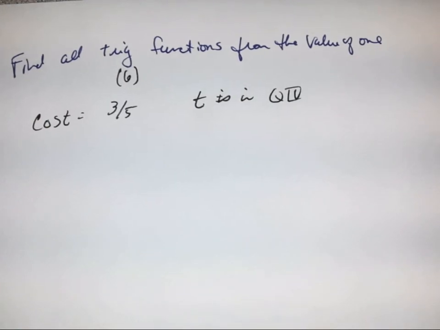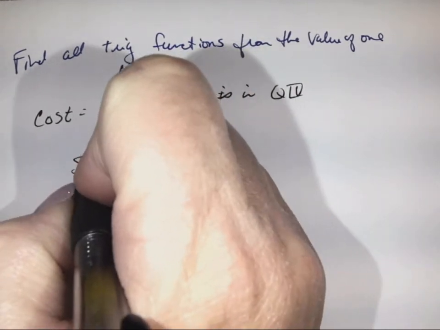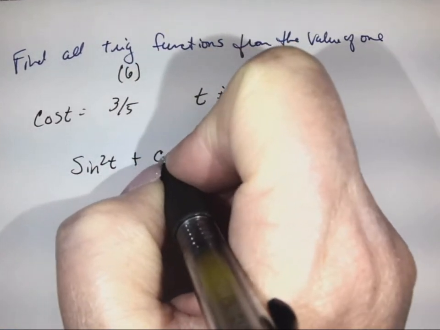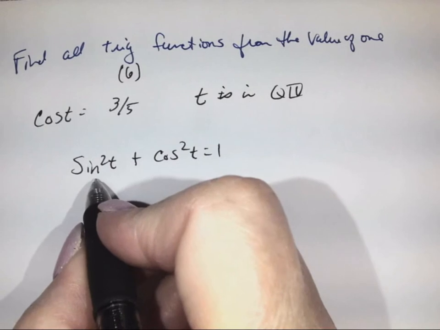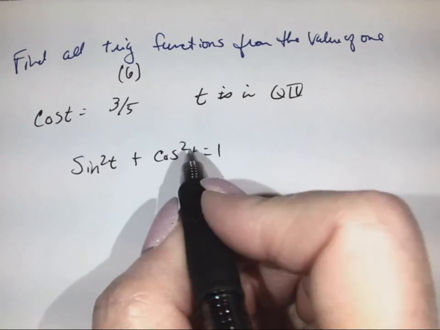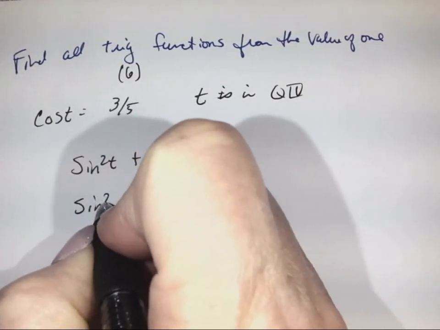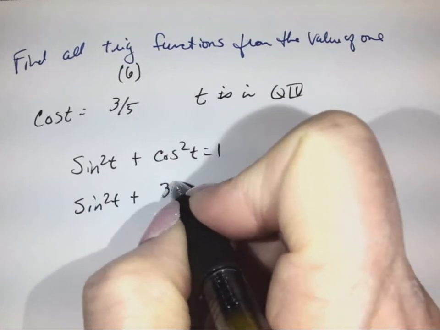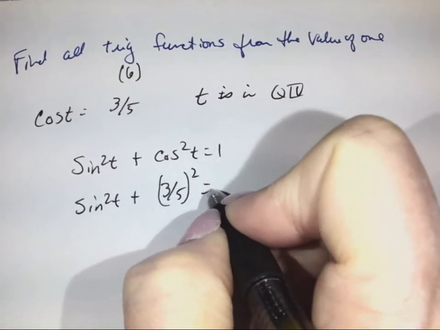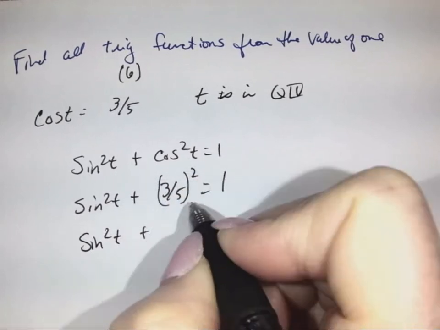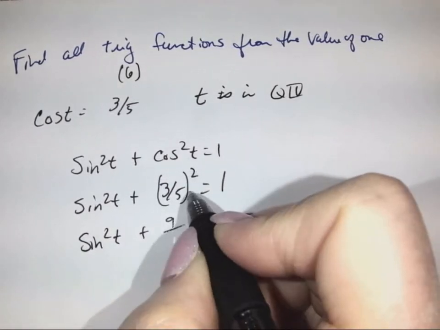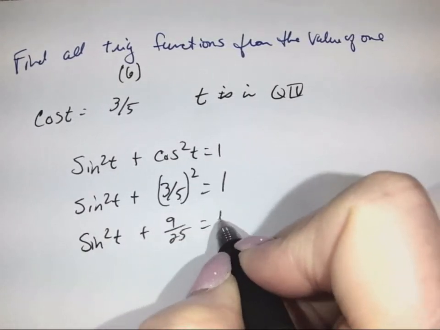So we're going to use our Pythagorean identity of sine squared t plus cosine squared t is equal to 1. We don't know what sine is, but we know what cosine is. So sine squared t plus 3/5 squared is equal to 1. So sine squared t, 3 squared is 9, 5 squared is 25.